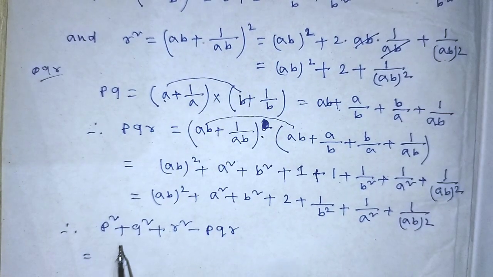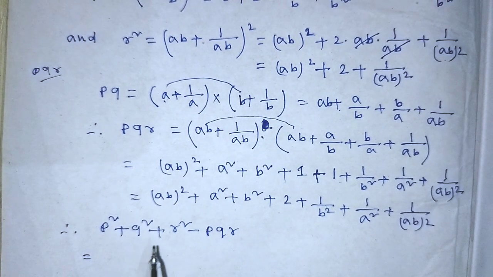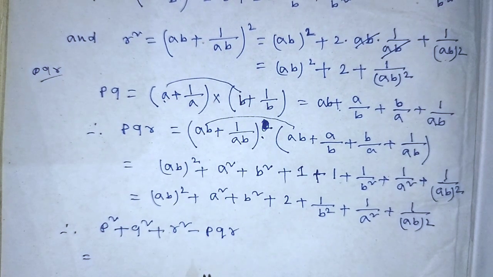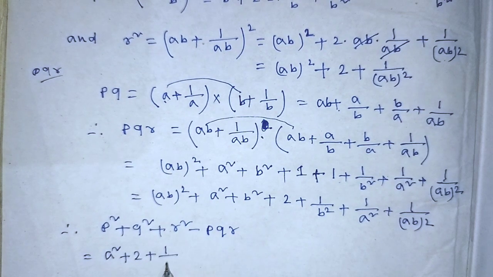So student, to find the value of this algebraic expression, we have to put the value of p square, q square, r square and pqr in this algebraic expression. So we can write in here the value of p square is a square plus 2 plus 1 over a square.